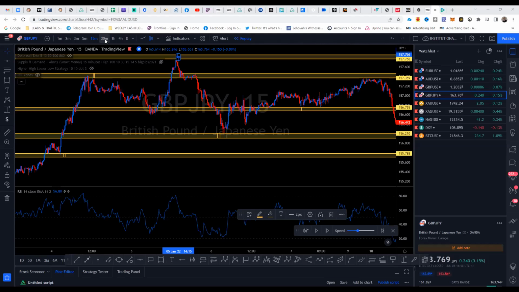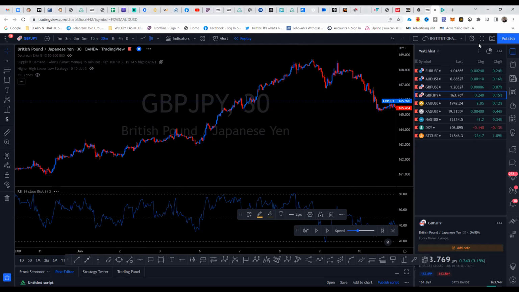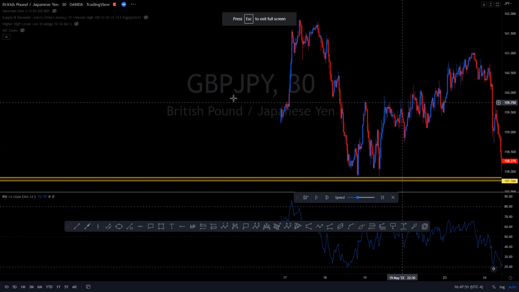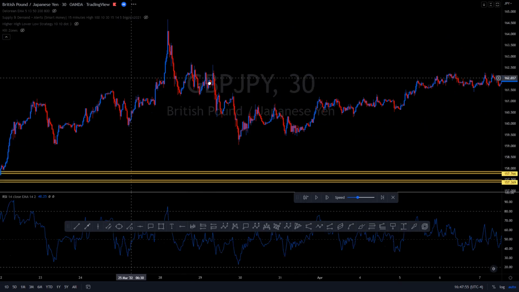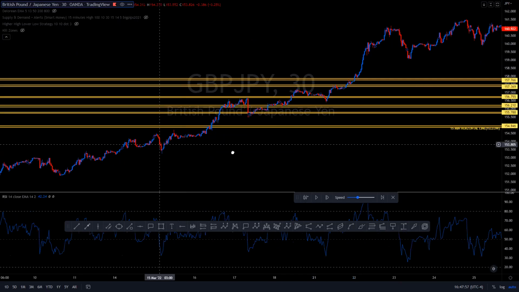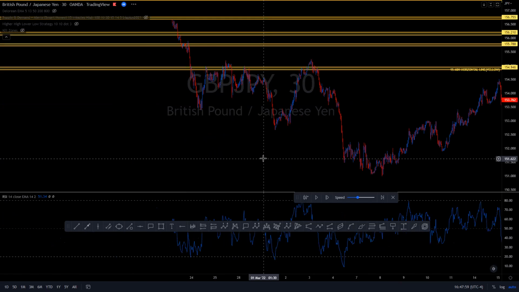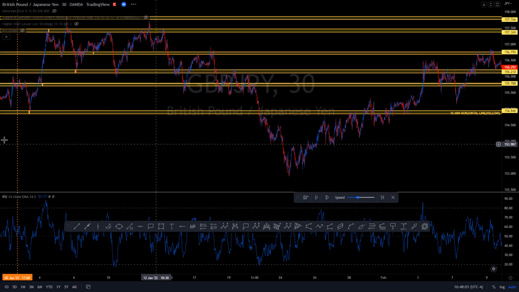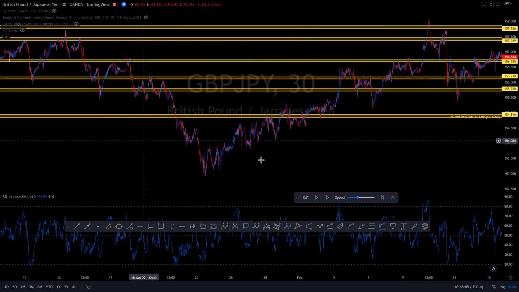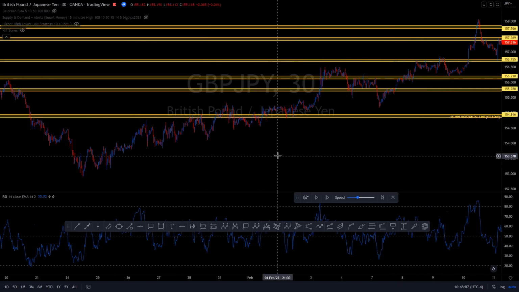So now we're going to move on to the 30-minute time frame and do the same exact thing. So we're going to go all the way back to where we left off. And then, of course, I see here that this is where the vertical line is. So we're going to mark this up.